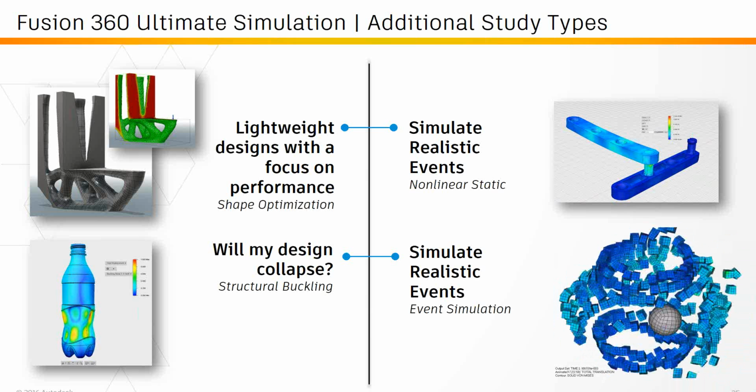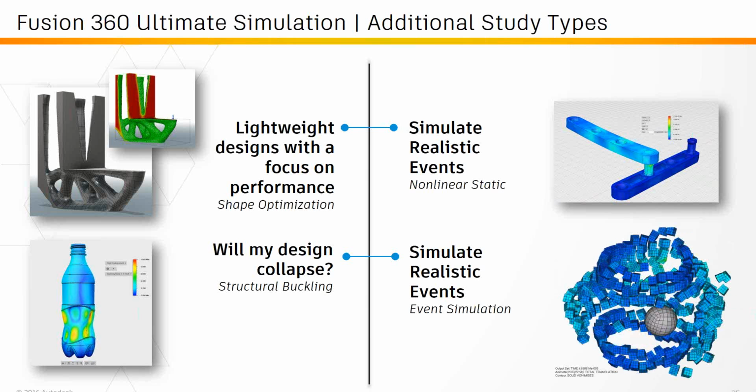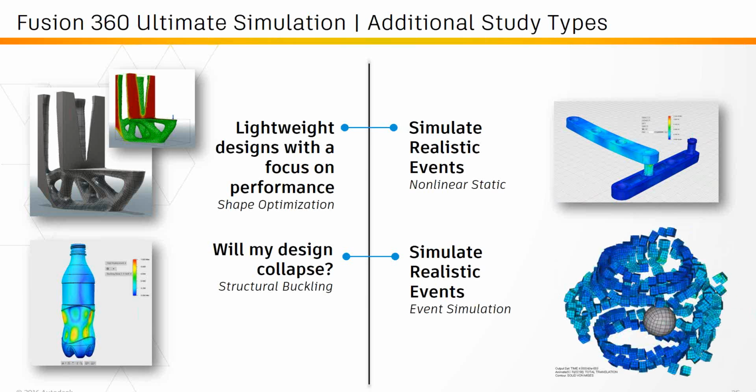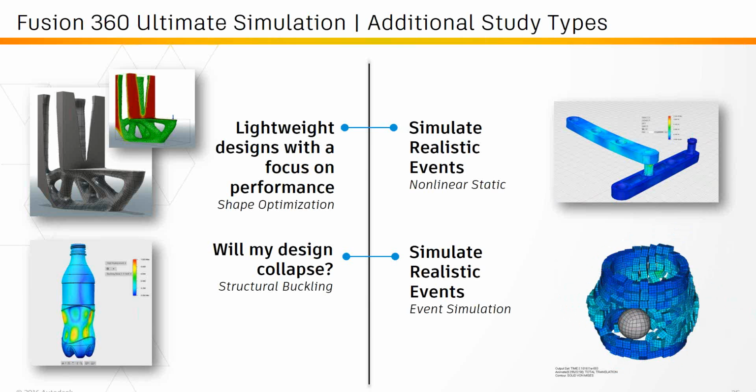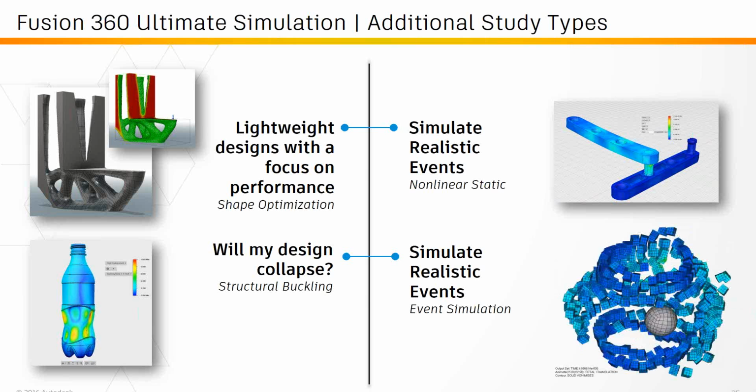What happens if I drop this, will these break? If this breaks away from this, is it going to break too when it hits? Sometimes you drop something and you're okay with things coming apart, but you don't want them to break apart. So you can allow that sort of complexity in your modeling with the event simulation.